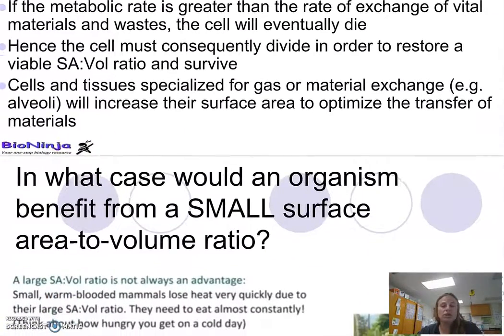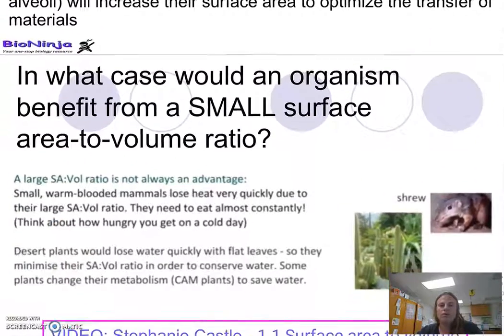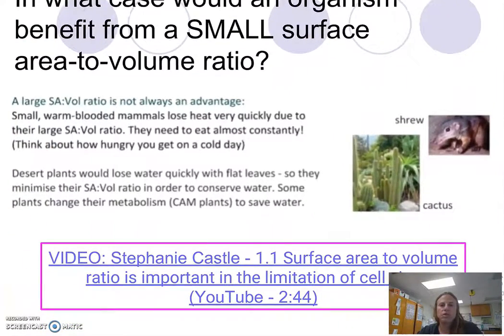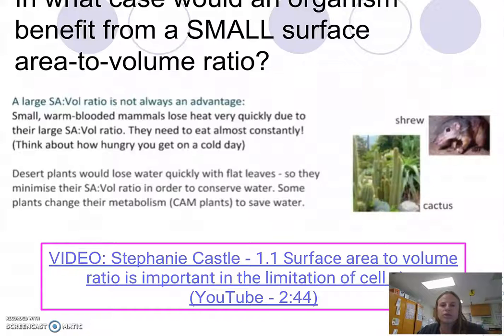So in certain cases, there are organisms that benefit from a small surface area to volume ratio, and that would be in the case of a shrew, which is a small, warm-blooded mammal, because it would lose heat too quickly if it had a large surface area to volume ratio. Shrews would need to eat almost constantly in order to maintain their energy.